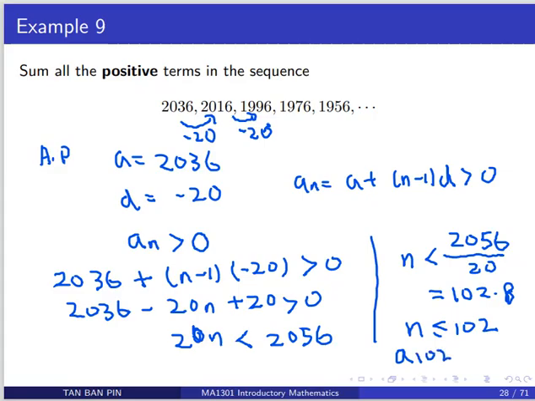Since we need to find the sum of all the positive terms, we should be looking at S_102. So we need to find S_102.